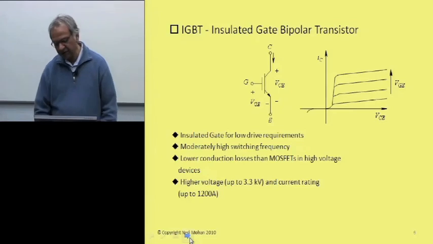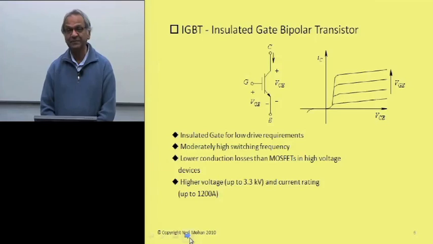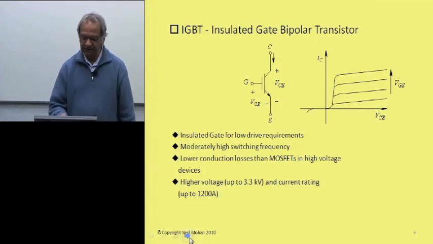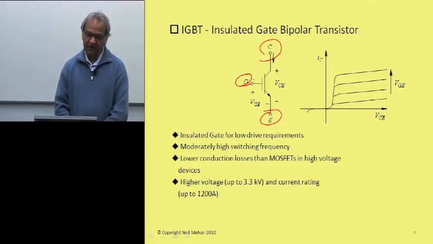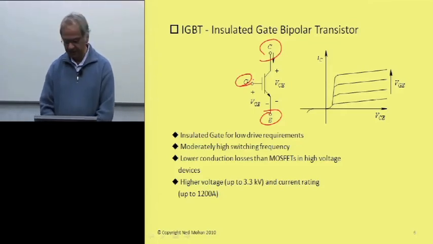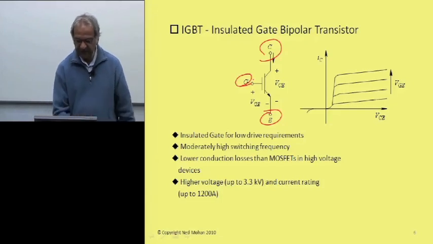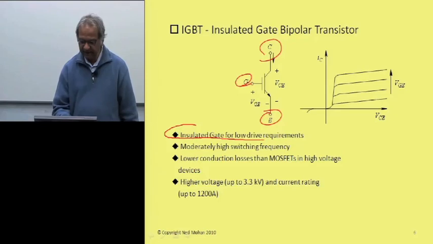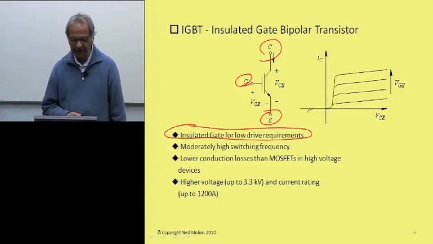But the workhorse of motor drives really is this so-called IGBT, insulated gate bipolar transistor. So here's the collector, emitter, and gate over here. You can think of it as a combination of a MOSFET and a transistor, so it has the benefits of both. You have an insulated gate, like in a MOSFET, so you have fairly low drive requirements.